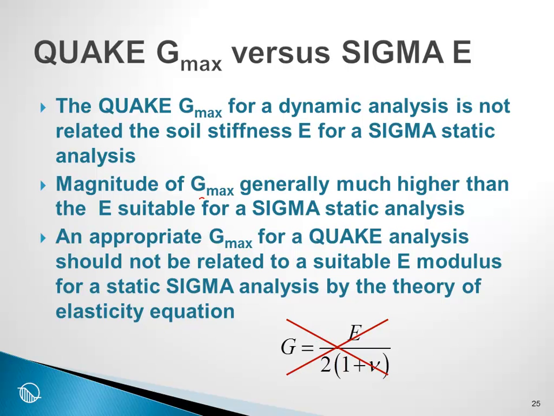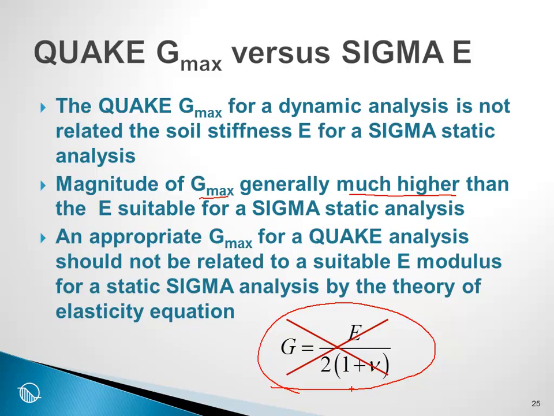The Gmax tends to be much higher than the Young's modulus suitable for a SIGMA/W static analysis. And so we have to be careful that we do not use this relationship between G and Young's modulus.